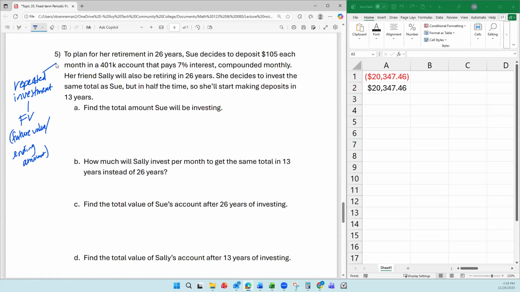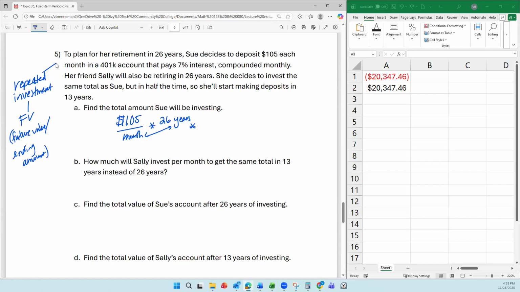So first, total amount Sue will be investing. So that's, she is doing $105 per month for 26 years. If I just do this and I'm writing my units, these don't work.